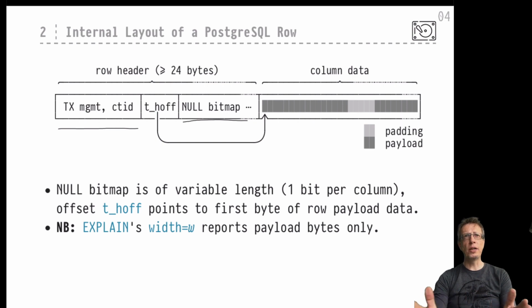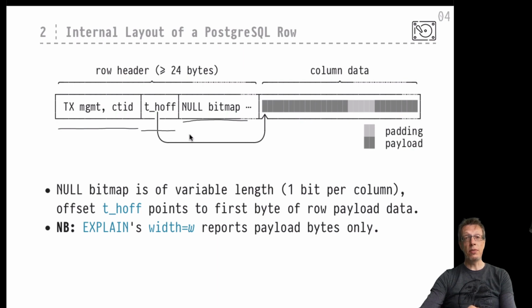For very wide rows, the null bitmaps are wide. For very narrow rows, null bitmaps are very narrow, and they may even be omitted entirely. So this is a variable width part of the row header, and because of this, you will find in these row headers an offset field.